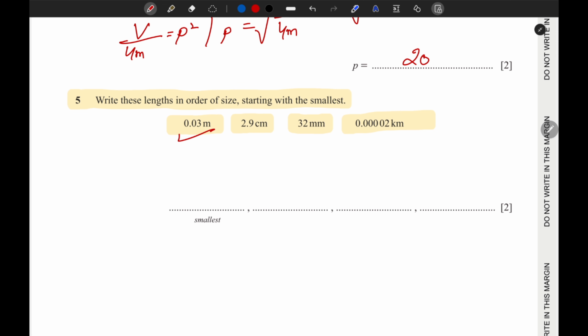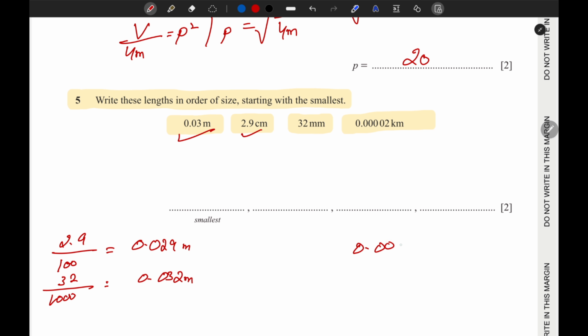The first is already in meters, no need. 2.9 centimeter will be divided by 100, because 1 meter is 100 centimeters, so 2 decimal places: 0.029 meter. 32 millimeter will be 32 divided by 1000, so 0.032 meters. And for this one, 0.00002 kilometer, we know that in 1 kilometer there are 1000 meters.